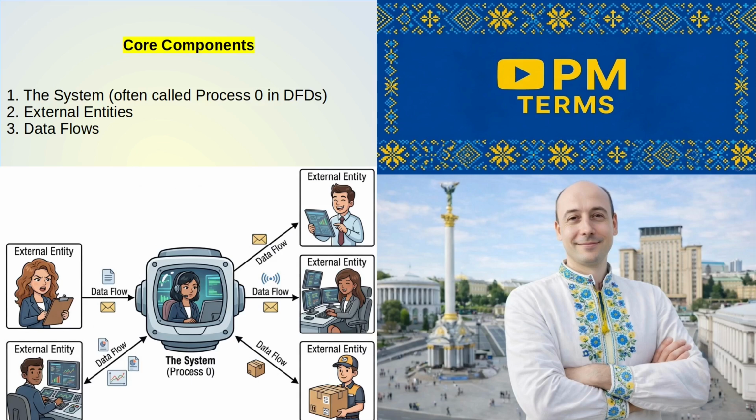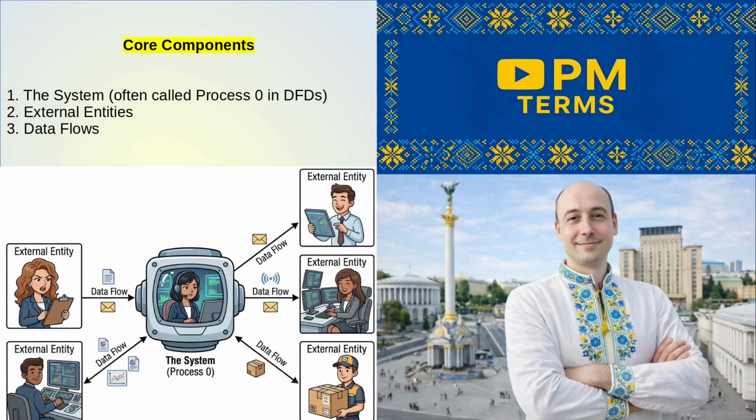First, the system, often called process zero in DFDs, represented as a single box. Example: online banking system. Second, external entities, actors that exist outside the system boundary. Examples: customer, payment gateway, regulatory authority.